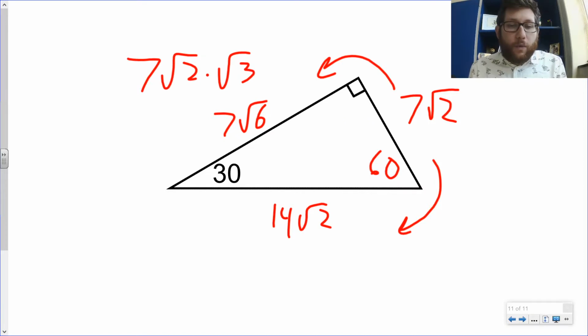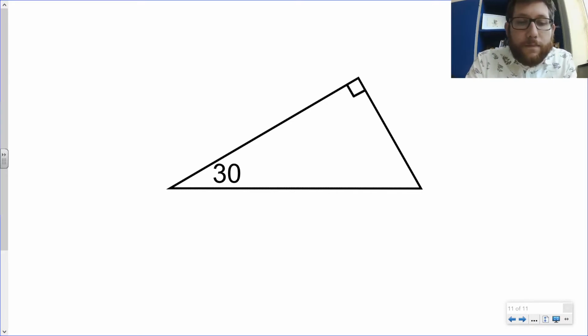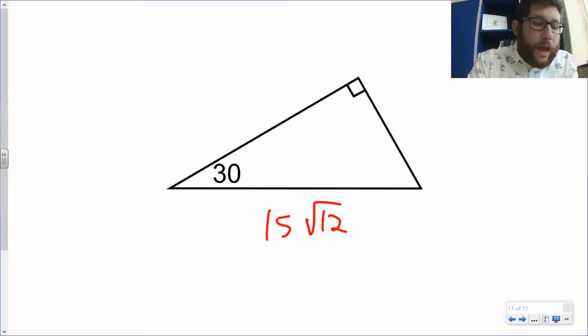So let's look at one more here. Let's say I know this is 15 root 3. That's fine.